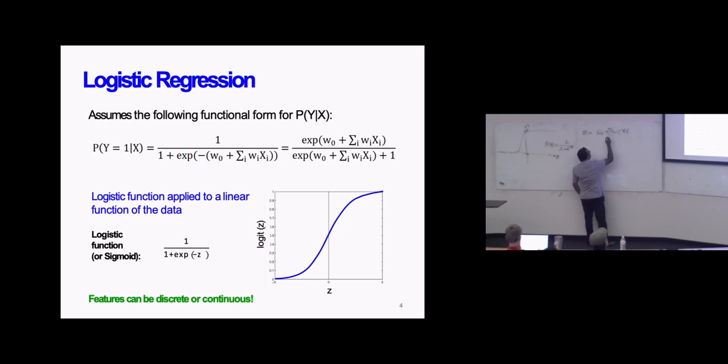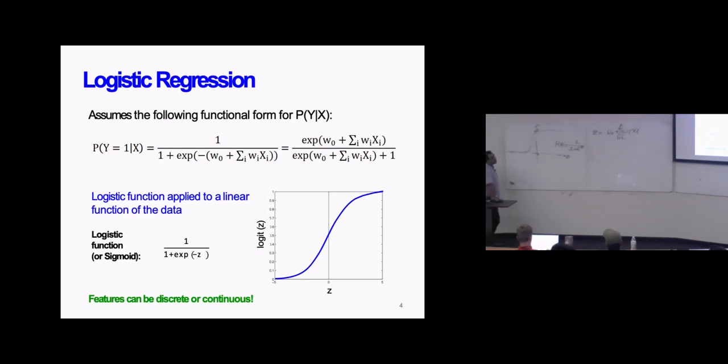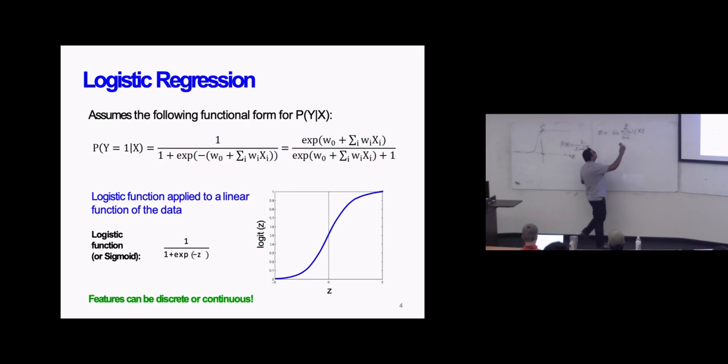So this is the sum over i equals 1 to d, let's say. Actually this should be d, because this is the dimension of the point, right?